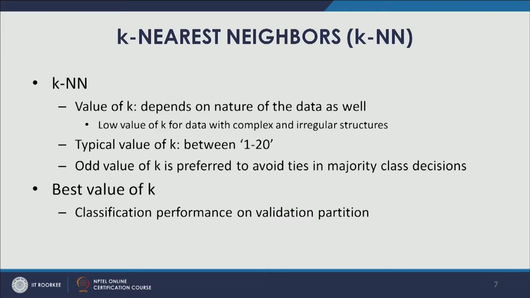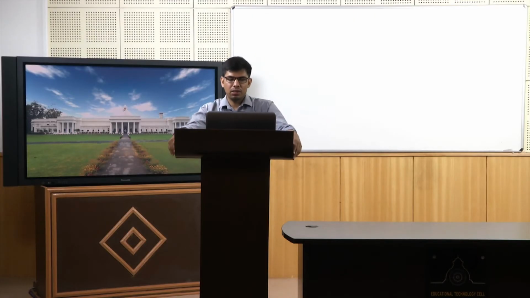Because we are discussing classification tasks, when we have to make our prediction decision using the majority class rule, once the k neighbors have been identified, if the value of k is an even number, 4, 6, 8 or 10, then sometimes there could be ties.